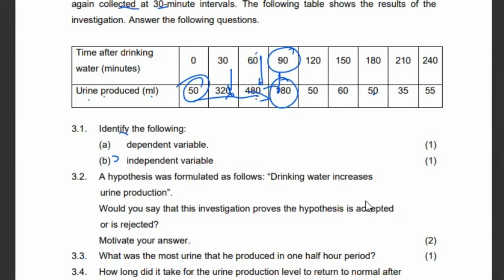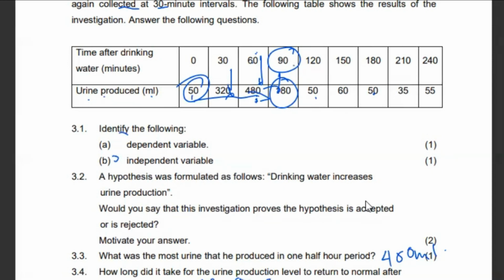The most urine is here, which is 480 mils, or cubic centimeters. They're asking how long did it take for the urine to go back to normal? Normal was 50, so it means that it took 120 minutes.